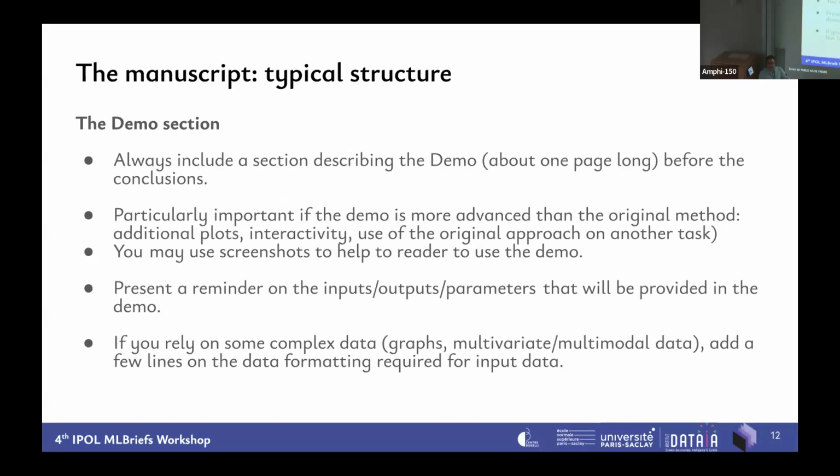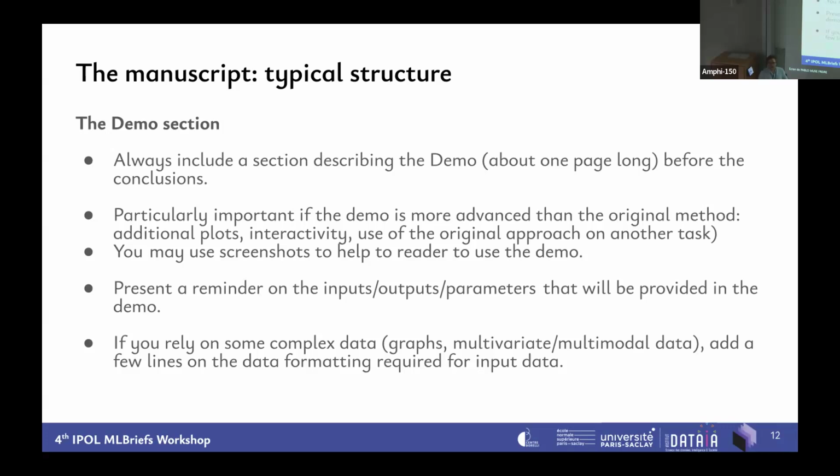And then you should always include a section that explains the details. Typically, you can do that at the end of the article, usually before the conclusion, but you can do it afterwards. It's not very important. It depends on what you want to do. But it's important to guide the reader on the use of the demo.